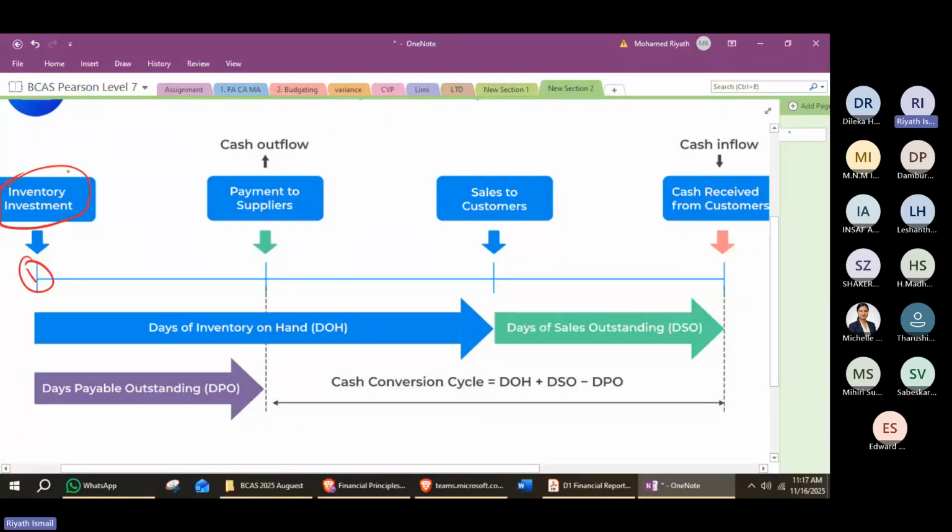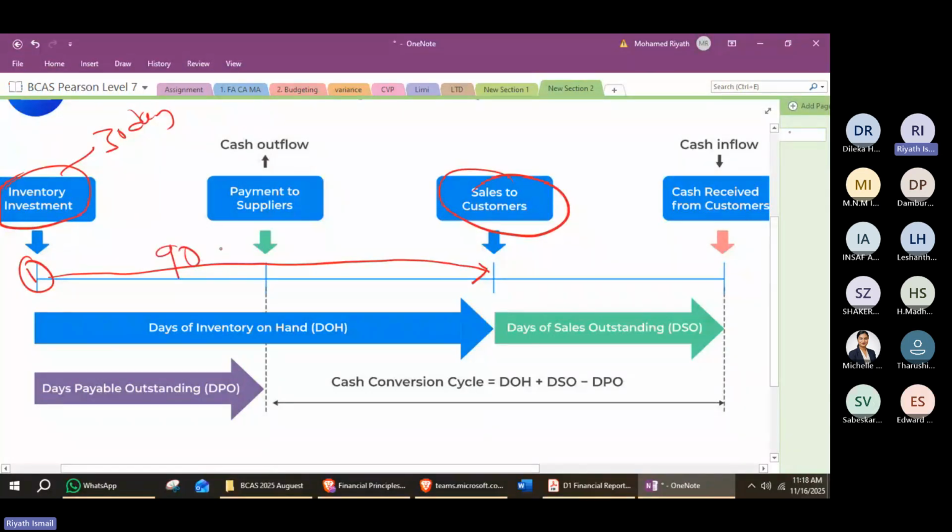When purchasing inventory, they may take 30 days on credit terms, right? First, they buy inventory, and the inventory is kept for a period of time until it is sold to customers. This inventory stays in the store for 90 days, right?